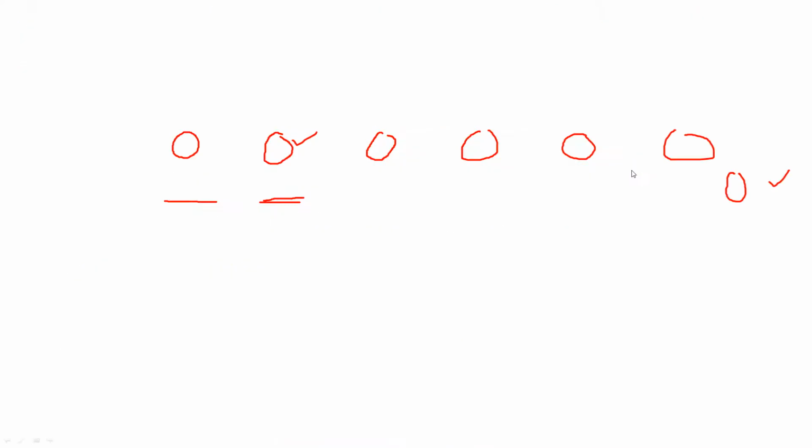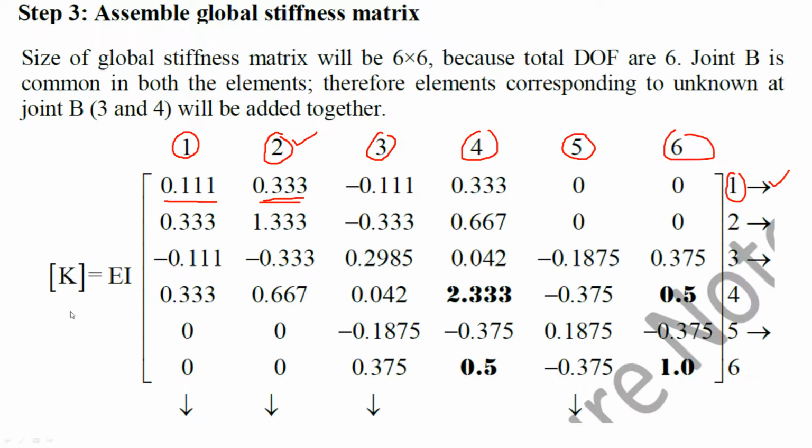So these combinations are not available in both matrices, and that's why the elements corresponding to these two combinations are 0. Like this we are collecting all the coefficients. You just see the column position and row position.